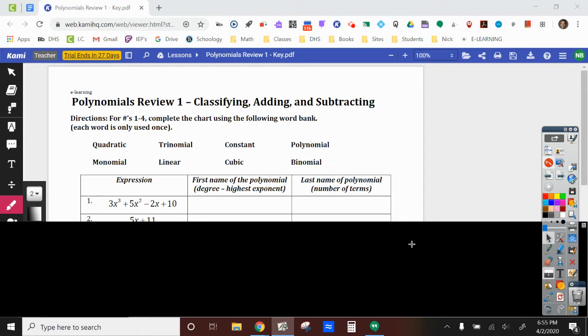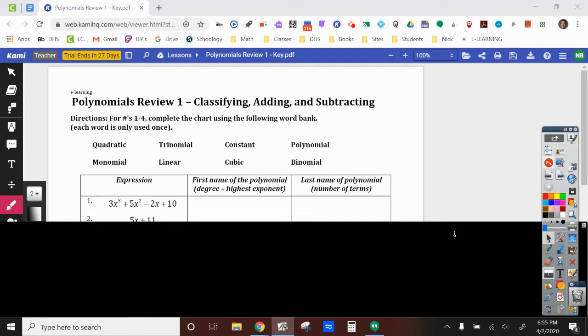In our second column, we're going to give our polynomial its first name, and we're going to name it by the degree, which is its highest exponent. And then in this last column, we're going to name the polynomial by the number of terms. That's going to be kind of the last name of our polynomial.